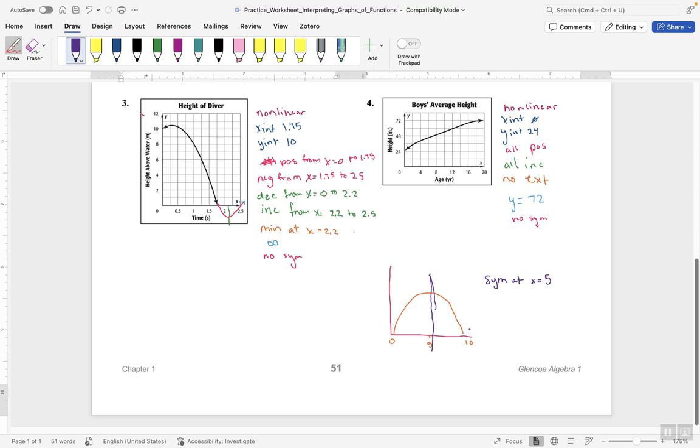But on Tuesday, before the test, I'll go over any questions you had, because I think the test is going to ask about symmetry, maybe a min and max, I can't remember. You're going to get the review, and remember, you don't have to hand that in. That's for you to learn.